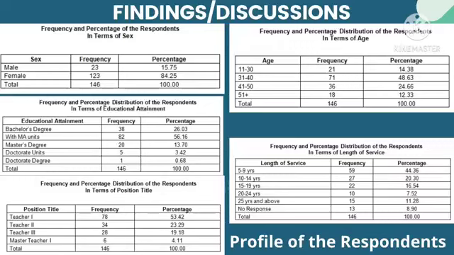In terms of length of service, the highest frequency of 59 are those who have been teaching for 5 to 9 years, while the lowest frequency of 10 are those who have been teaching for 20 to 24 years. With their teaching post indicated, the highest frequency of 78 is Teacher 1, the lowest frequency of 6 of the total number of respondents is the Master Teacher 1.